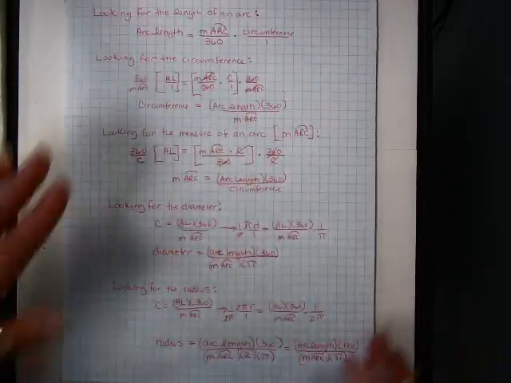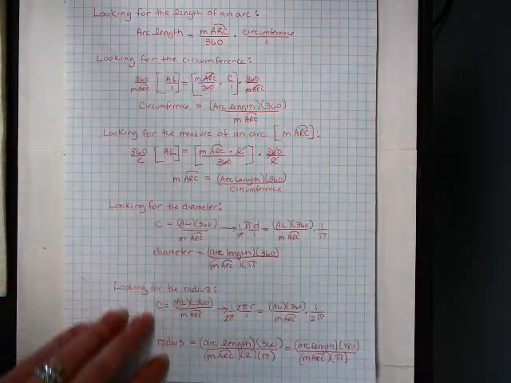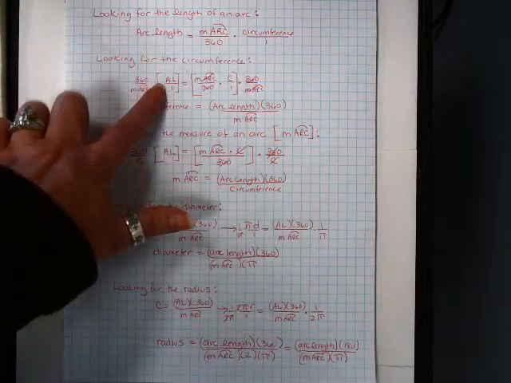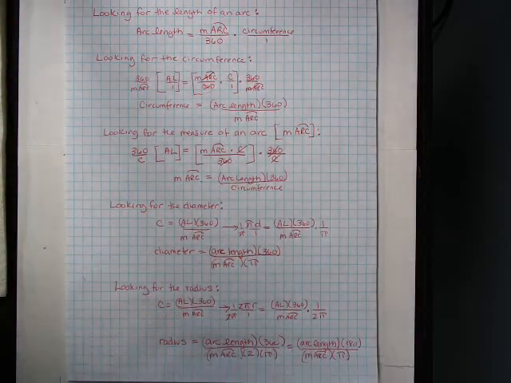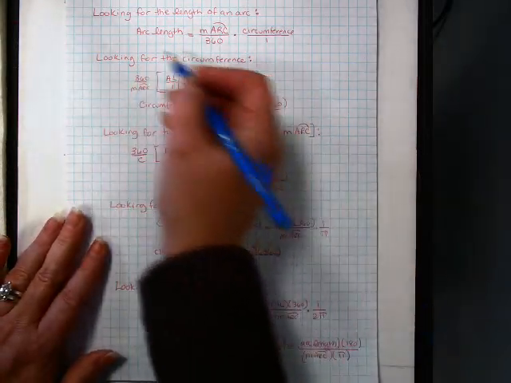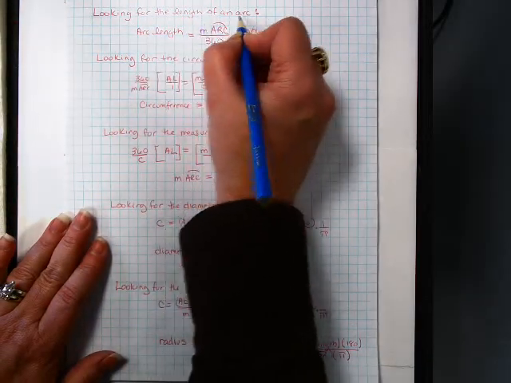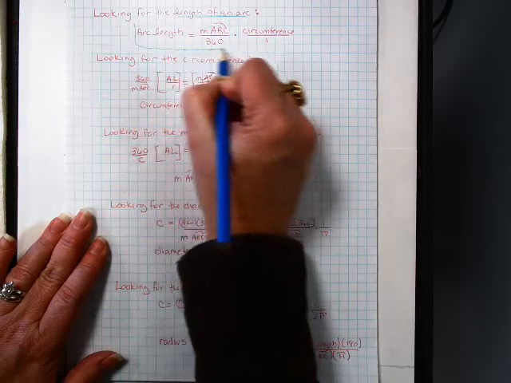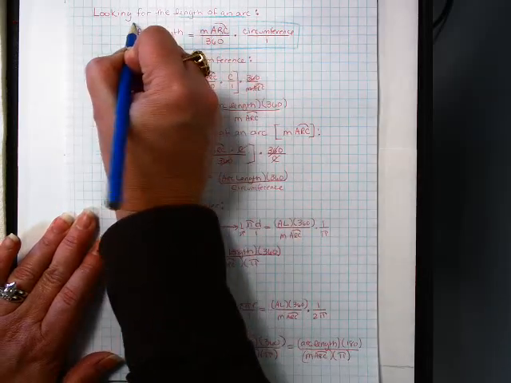Okay, folks, so these are all the equations actually that you're going to be using, but remember, you don't have to memorize them because you can just manipulate them. So I'm going to go back and highlight these in blue. So when I'm looking for the length of an arc, here's my equation.